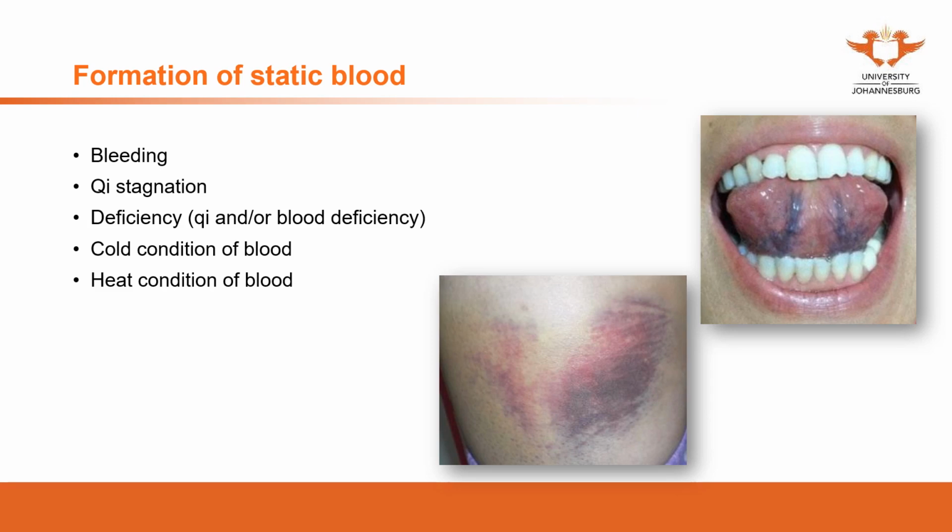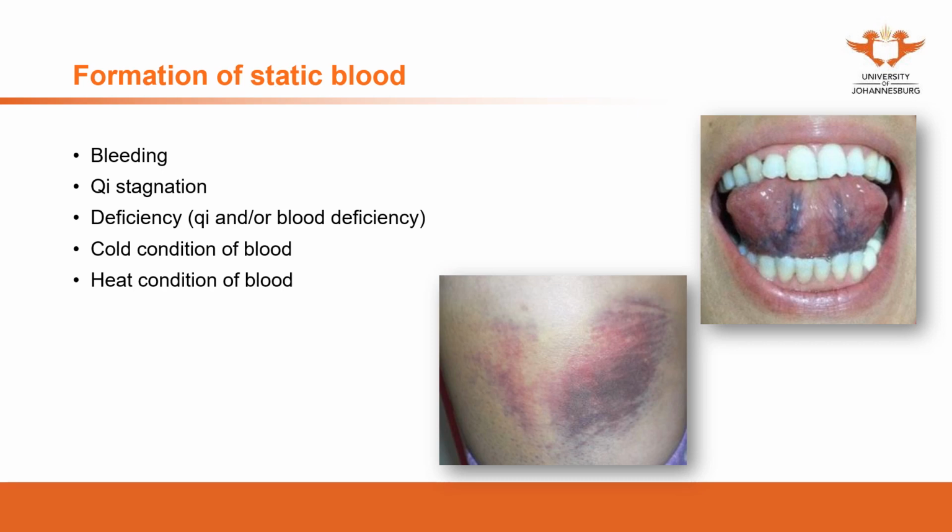So the proper circulation of the blood relies on the good circulation of qi. Because blood is physical, which we can see, it is yin. Yin needs to move, and we need some yang qi to move it.